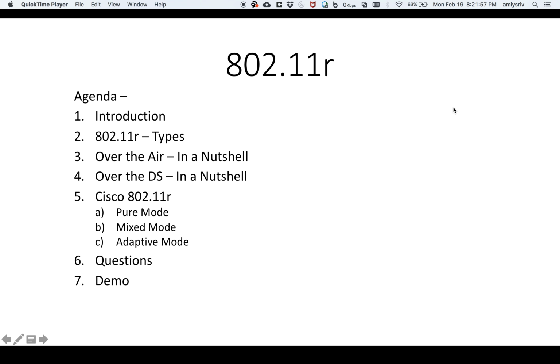Then we are going to have a little bit of questions in terms of understanding how we can do things and how do we go about them on the Cisco controller. And then I'm going to show you a quick demo of how do you go ahead and configure all of this on the Cisco Wireless controller.